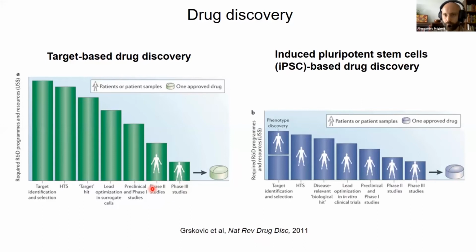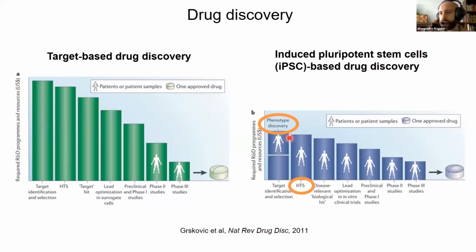So the path that we're trying to follow is to use induced pluripotent stem cells, which can be generated from patients and from controls. These can then be differentiated into the desired cell type, in this case cells of the nervous system for Leigh syndrome. There are two challenges.